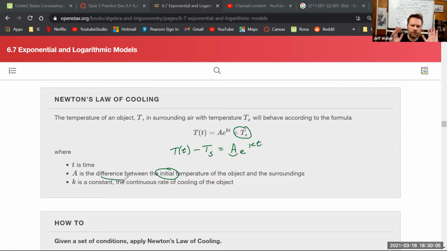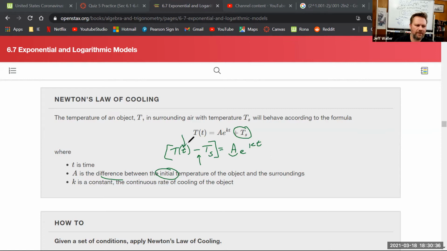It's the initial difference between what you just took out of the fridge or just took off the stove and the room it's in. And that is proportional to the difference at some time t. So that difference is going to get smaller and smaller by some percentage. And guess which piece of this deals with the percentage change?